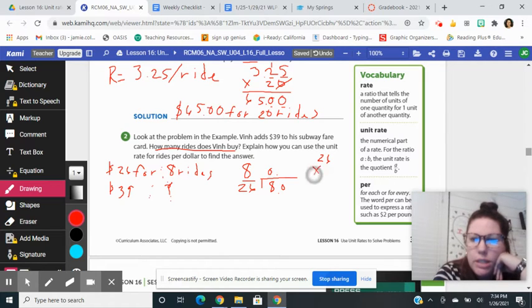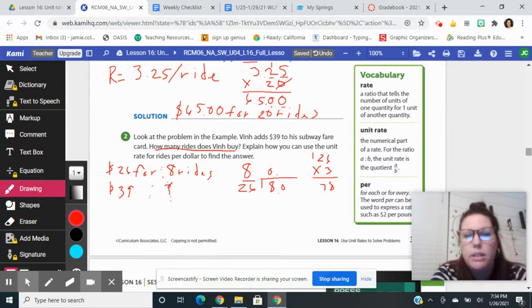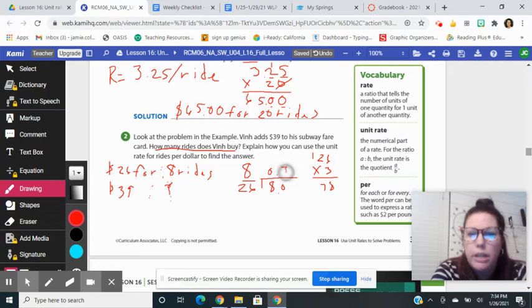So I'm going to say 3. Let's try 3. 3 times 6 is 18. Carry the 1. 3 times 2 is 6 plus 1 is 7. Perfect. So here's my 3. 3 times 26 is 78. And I'm going to get 2 left over. I'm going to add another 0. And 26 will not go into 20, so it'll go 0 times.